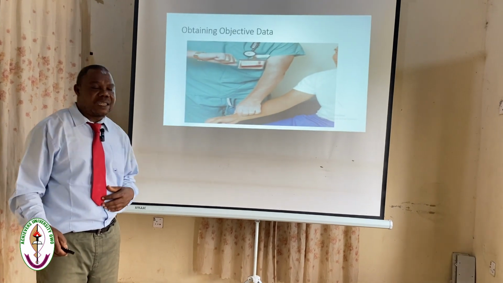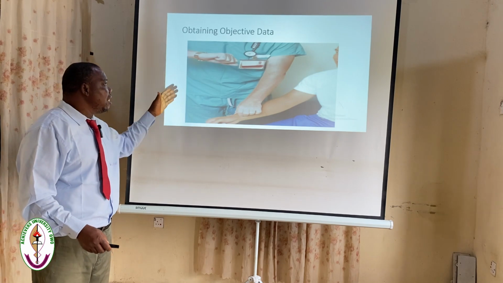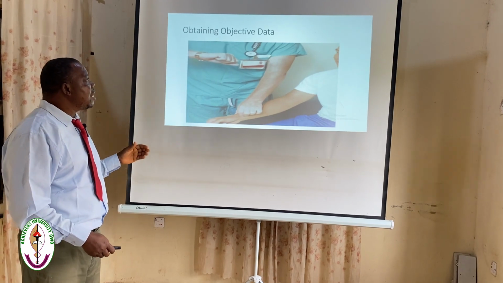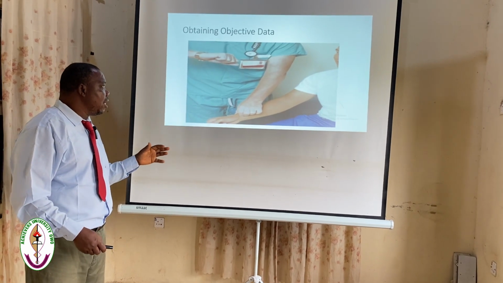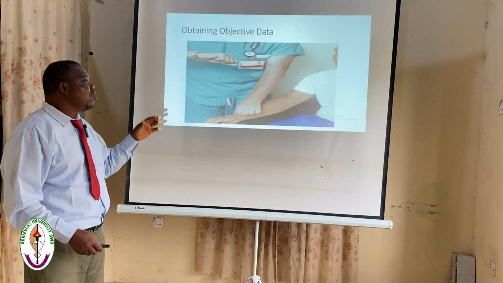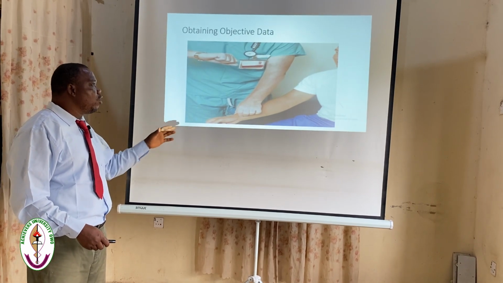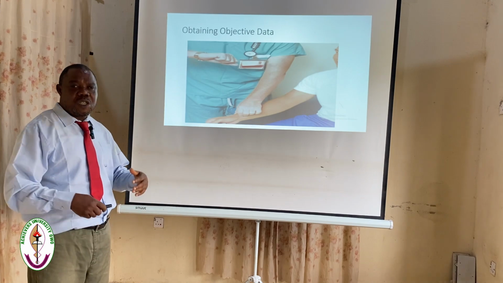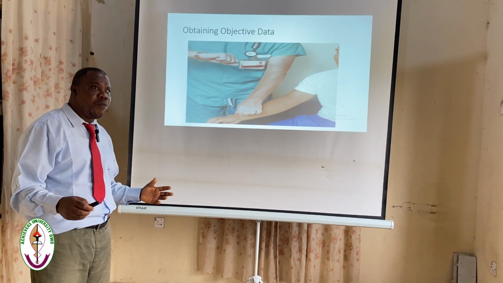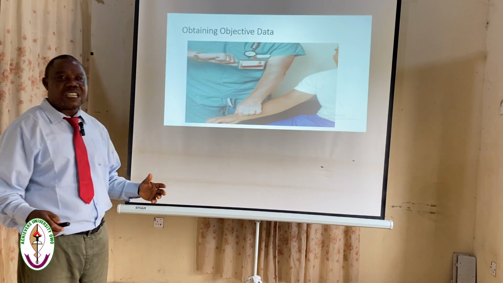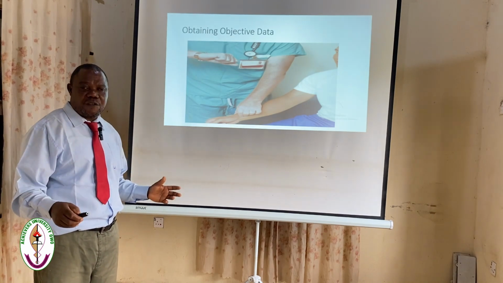For example, let's look at this. This is a nurse taking objective data from a patient. The nurse is trying to elicit the pulse rate of the patient. We take the blood pressure and the partial oxygen saturation of the patient.